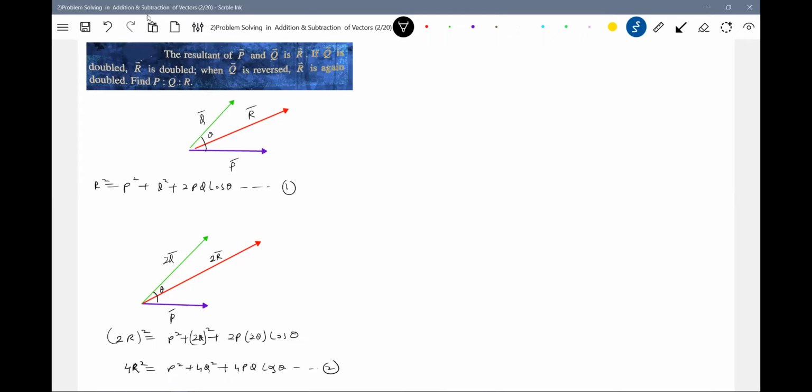Now we'll go for the next case. If Q is reversed, again R is doubled. This will be P, and this was the Q. Now Q is reversed, so this will become P bar minus Q bar.